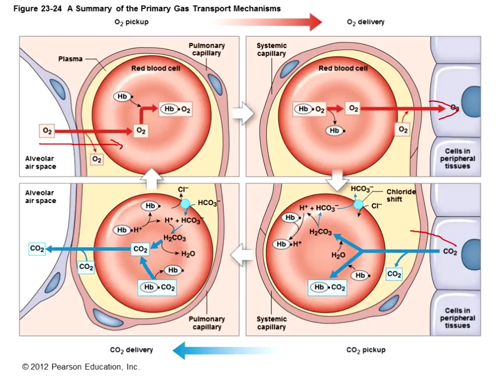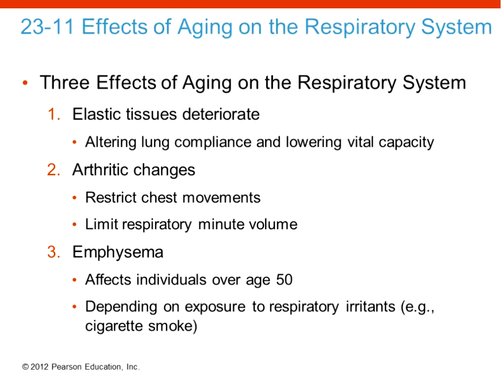At the same time, the amount of CO2 that's being produced from aerobic metabolism is driven back into the cell. Red blood cell has many different ways of carrying the CO2 that returns back to the alveoli where it's given back off and you exhale out the CO2. So that's a nice sort of overall view of oxygen pickup, oxygen delivery, CO2 pickup, and CO2 delivery. All right, so make sure you have a good understanding of how that works.